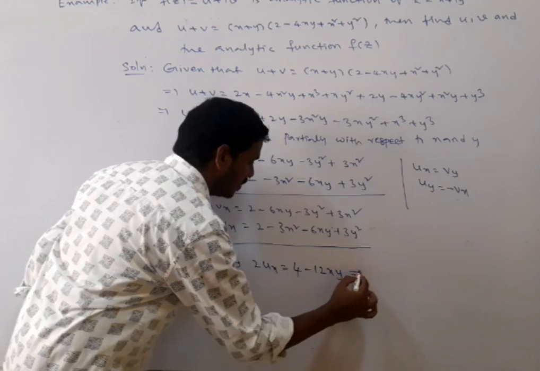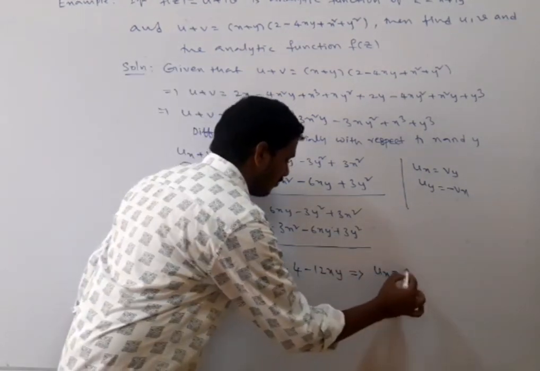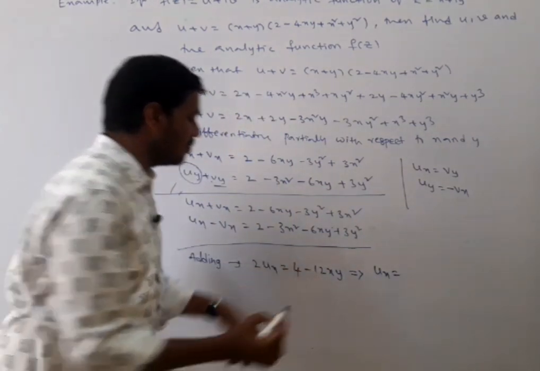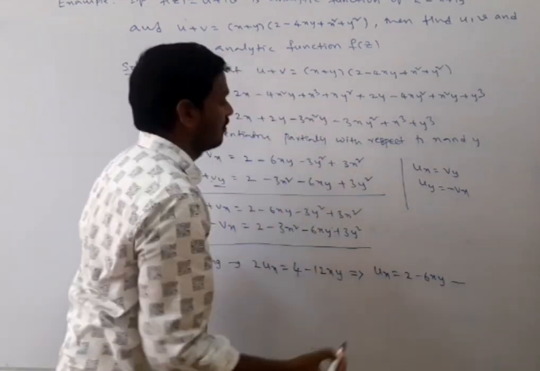You can take 2 common and cancel. So ux = 2 - 6xy. Say this is equation number 1.